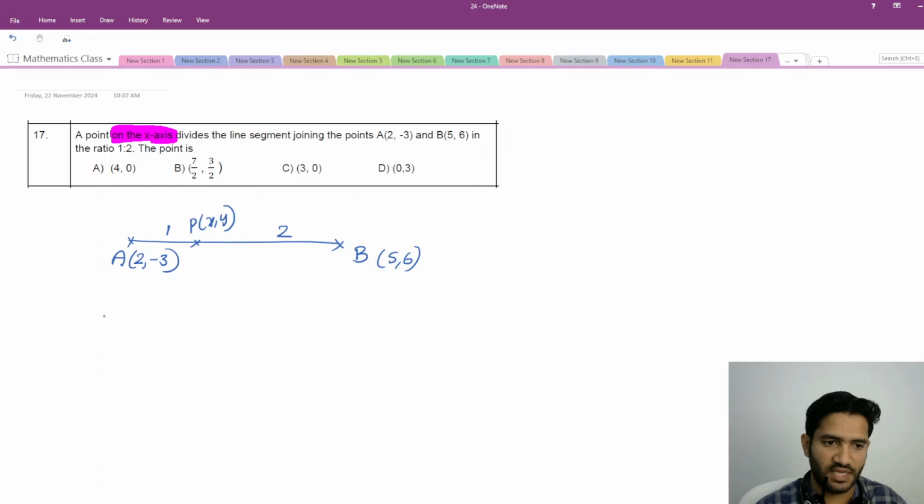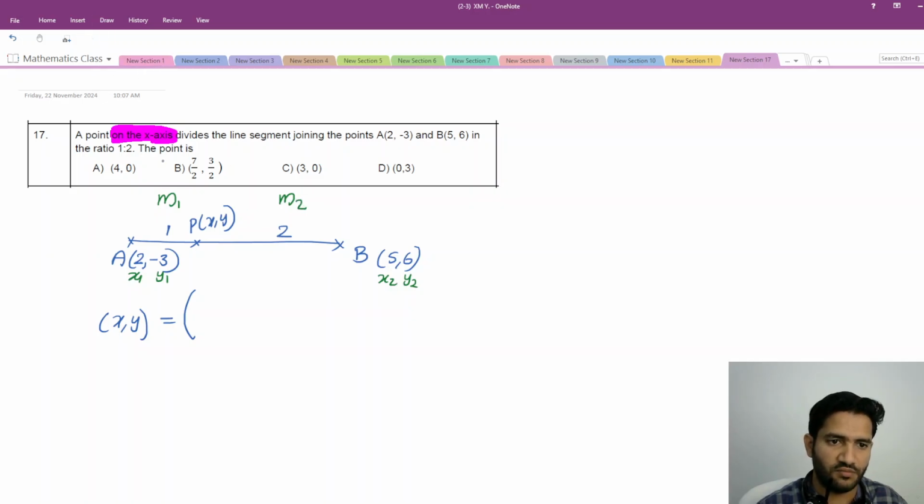So we know how we can find the coordinates of (x, y): by the section formula. That means if this one is x1, y1, the second point's coordinates are x2, y2, and this is m1, this one is m2.